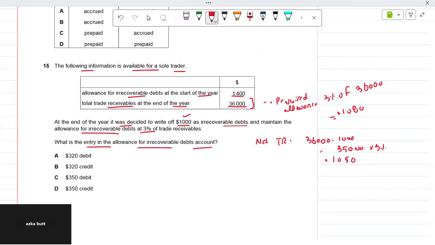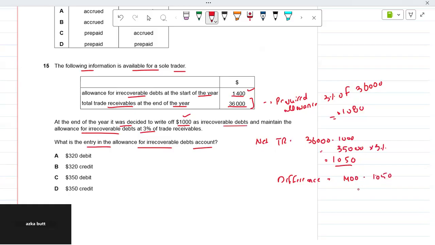Okay. So if we compare with the existing allowance, the allowance at the start of the year is 1,400. And required allowance at the end of the year is 1050. So now it's about finding the difference, which is equal to 1,400 minus 1050.